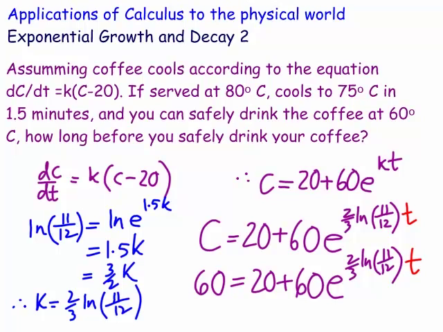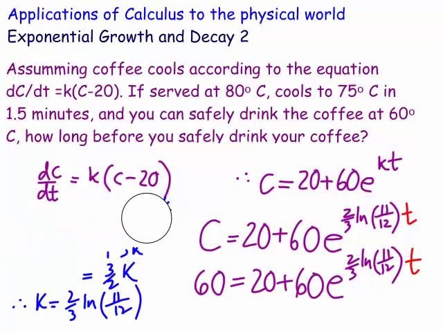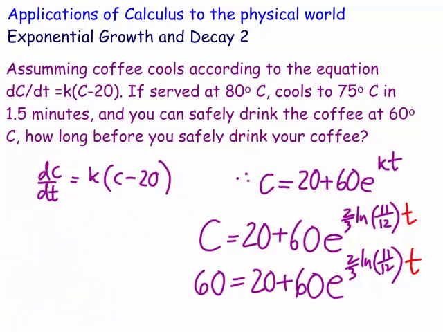First up, how are we going to do that? We just take the 20 off the 60 to start with. So we end up getting 40, therefore 40 equals 60 e to the 2/3 ln 11 on 12 t, with a red t here, which is what we're after.